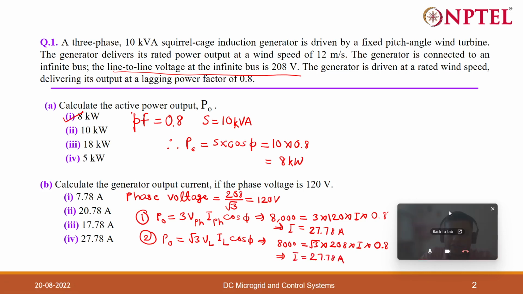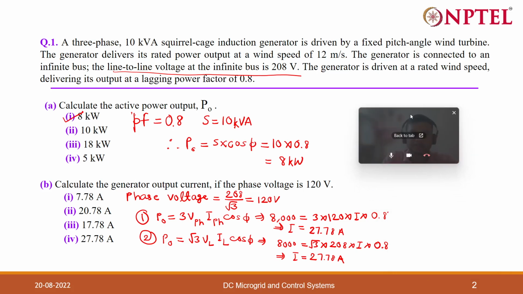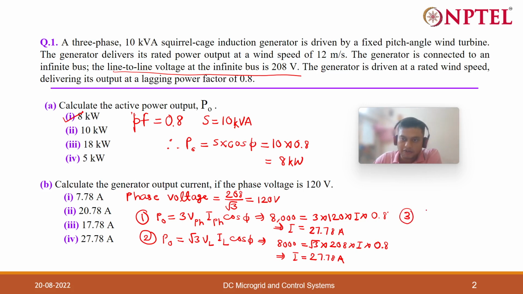Otherwise you can find it through its apparent power. Like we know that S is equal to 3 V phase I phase. S we have given as 10,000, into 3 V phase into I. From here we will get the same answer.